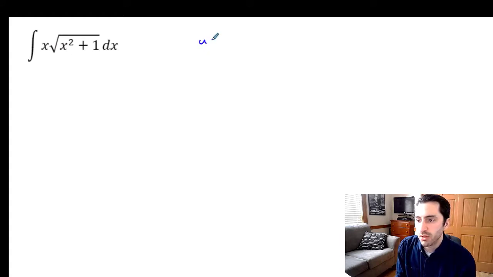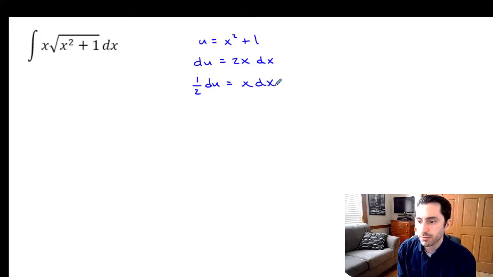So let's let u equal x squared plus 1, and if we take the derivative, du is going to be equal to 2x times dx. And just like our last example, let's divide by 2 to take care of that constant factor. So 1/2 du is equal to x times dx.